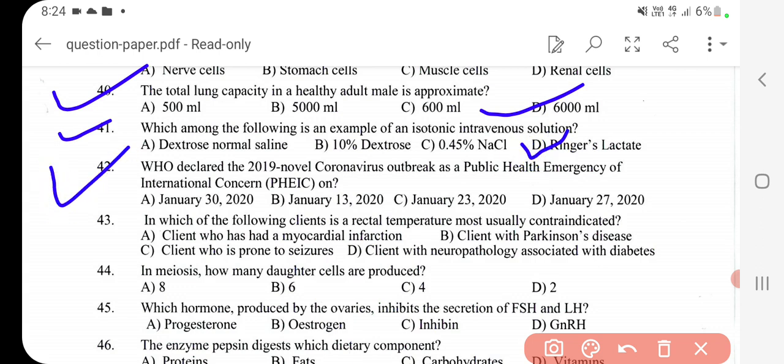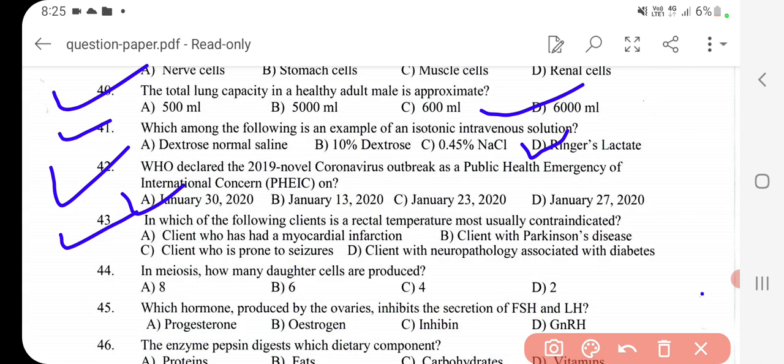WHO declared the 2019 novel coronavirus outbreak as a public health emergency of international concern on: A, 30 January 2020; B, 13 January 2020; C, 23 January 2020; and D, 27 January 2020. So the right answer is option A, 30 January 2020.